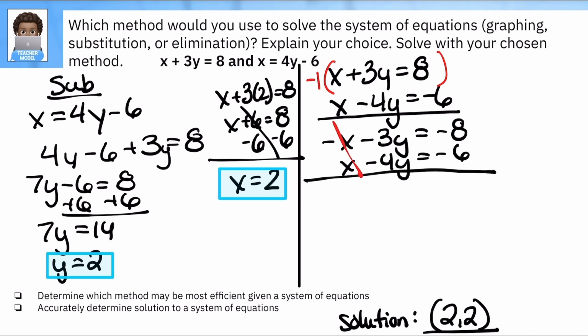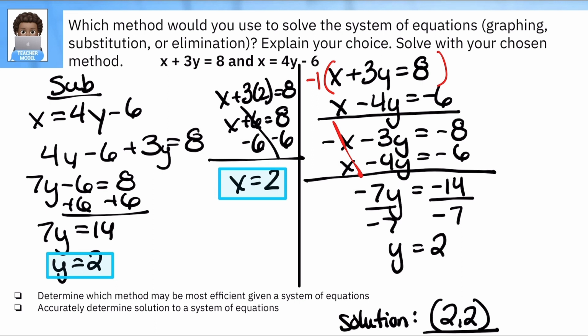These cancel out. And I have negative 7y is equal to negative 14. And now it looks like the other equation. So you can just see it where y equals 2. And then you would substitute again and you would get what the other number is.